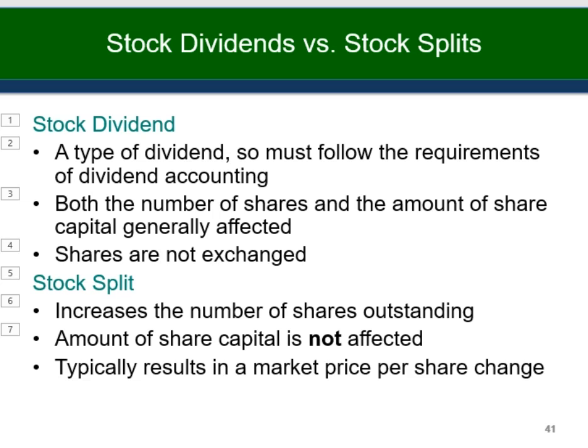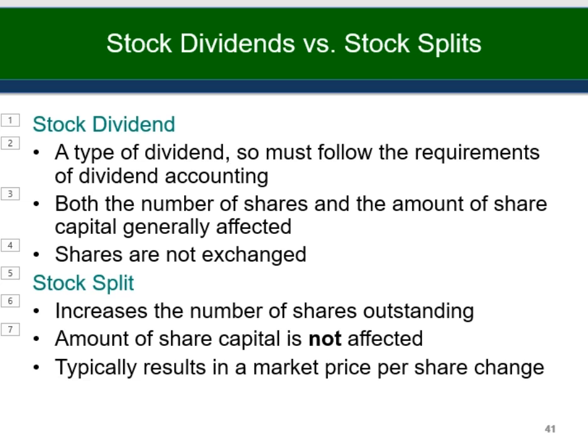So it divides the shares into smaller pieces, which makes it easier for investors to purchase. So we're not capitalizing part of the earnings as we were in a stock dividend. We're just acknowledging the fact that our shares are a bit too expensive, so we want to reduce the value per share so that investors can more easily invest in our company.